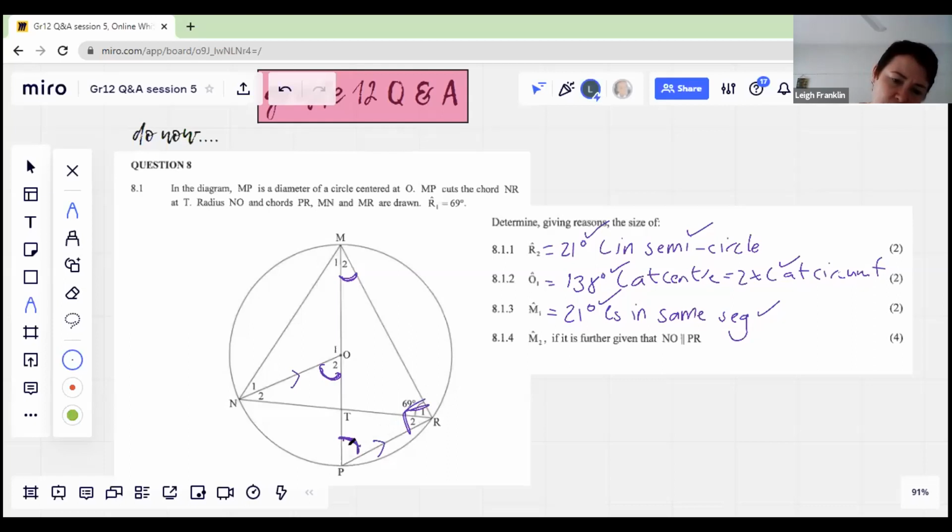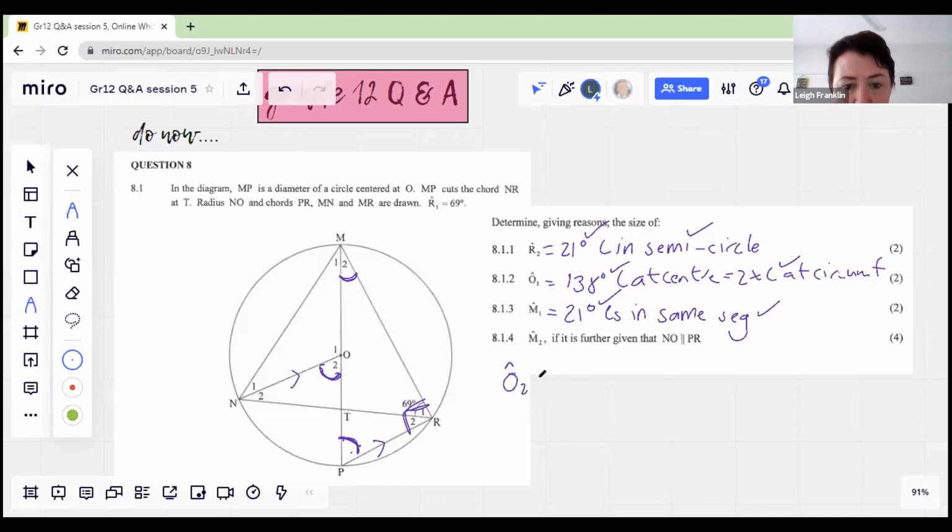So if I can work out what this is, then I can use angles of a triangle to work out M2. How are we going to work out what O2 is? There's two ways we could do that. You could either do adjacent angles on a straight line since you have O1, or you could do exterior angle of triangle, which means N1 and M1. But then you'd first have to explain why N1 equals M1. So I guess adjacent angles on a straight line is easiest.